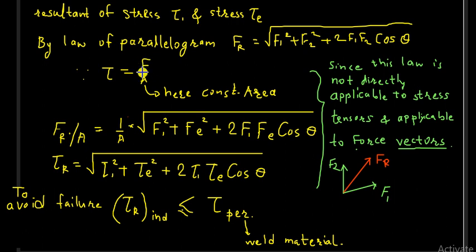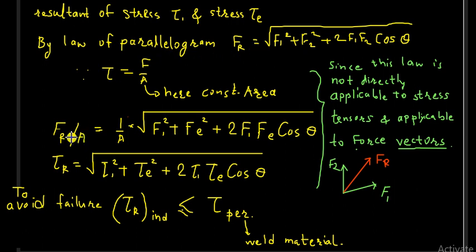If we have the relation for resultant force R, which we will get from the law of parallelogram, we will find it first: f1 square plus f2 square plus twice f1 f2 cos theta, under root of this whole, and we will just divide this force value by area, which is same all over the length.